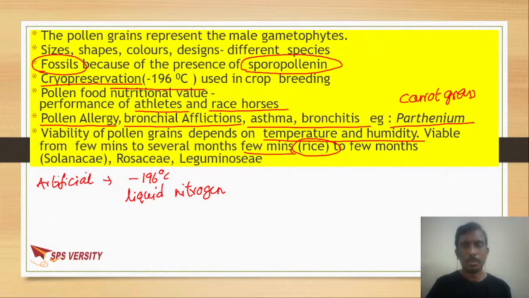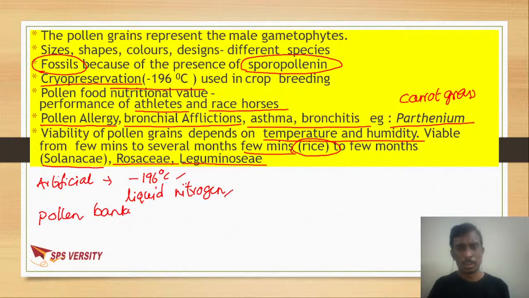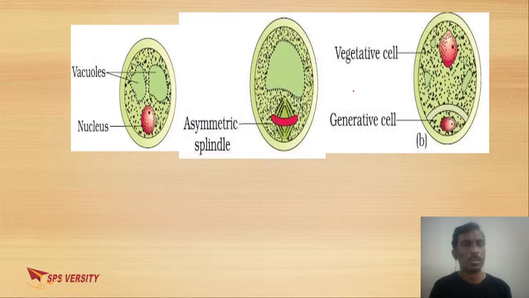But when you come to families like Solanaceae, Rosaceae and Leguminosae, they have months of lifespan. So that's why the pollen grains are stored in pollen banks at very low temperature, artificially at minus 196 degrees in liquid nitrogen, where they can be used in crop breeding programs.